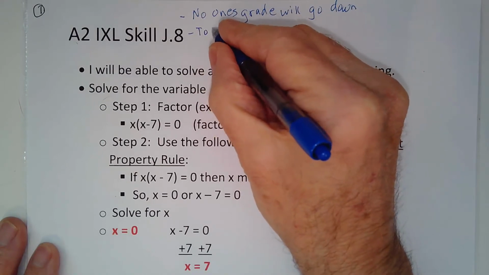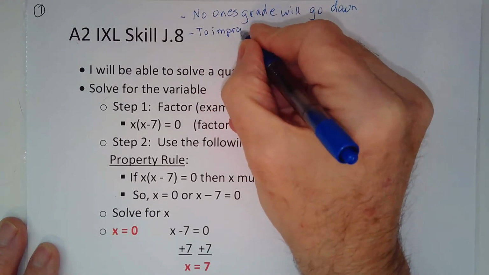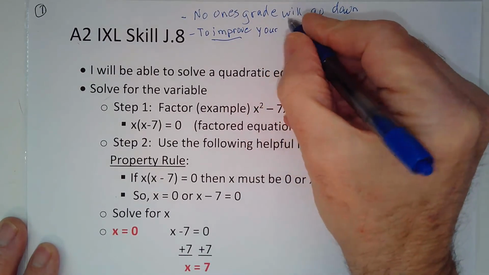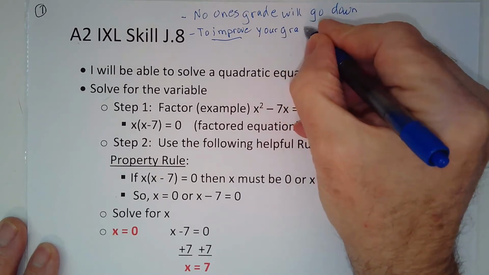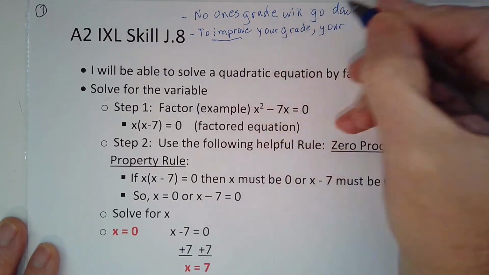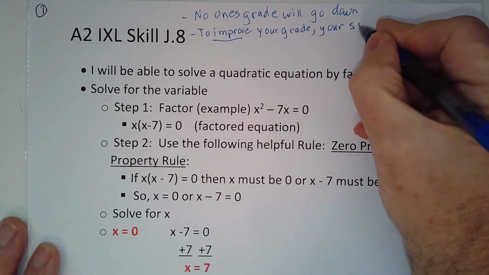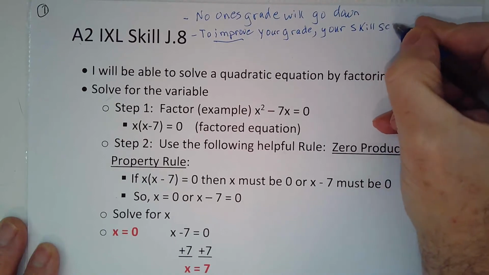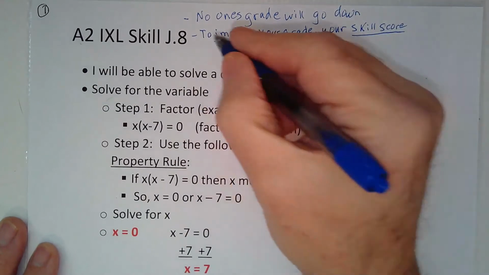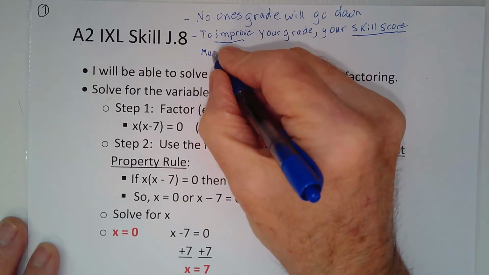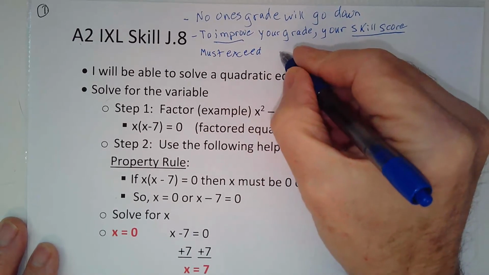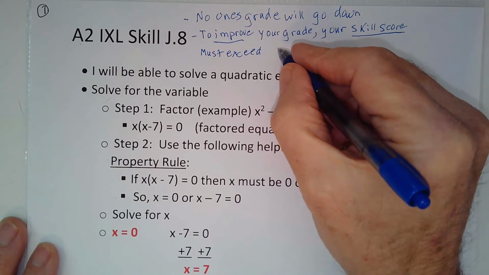To improve your grade, your skill score, which is, of course, the score you get for each of these skills, must exceed your third quarter percentage grade.